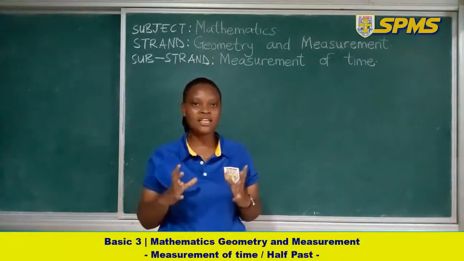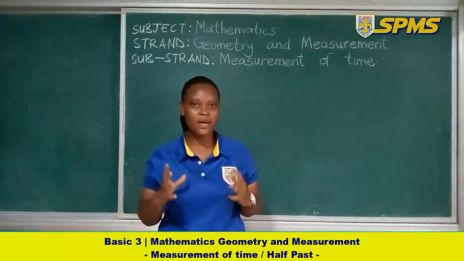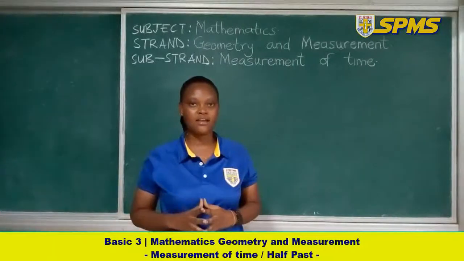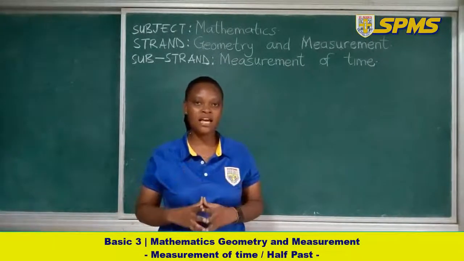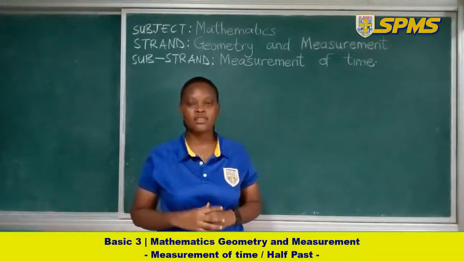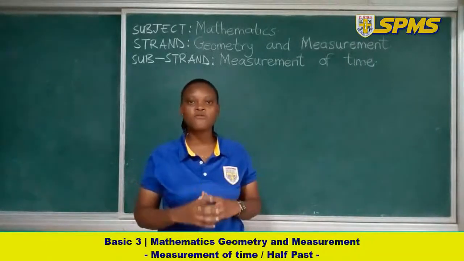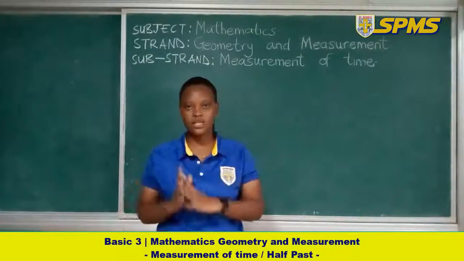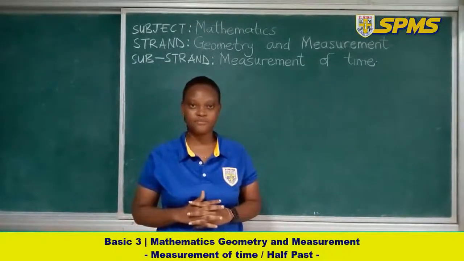So it is the minute hand that determines the hour. The minute hand needs to complete its journey before the hour hand will move from one number to the other.